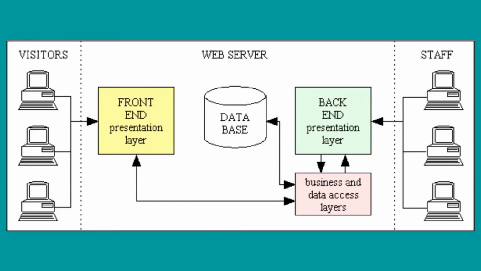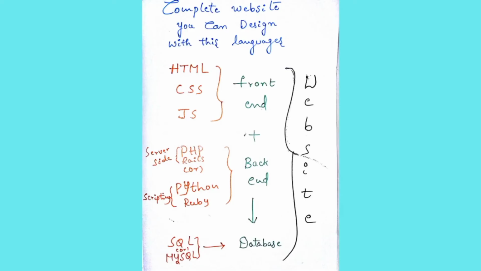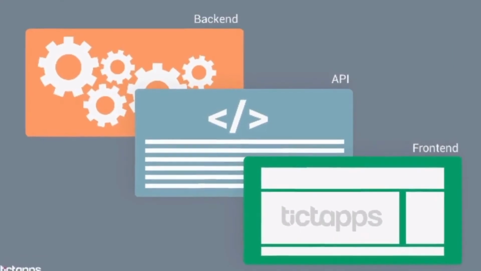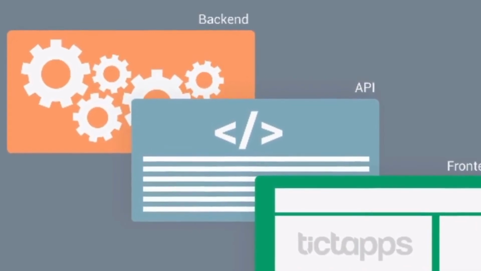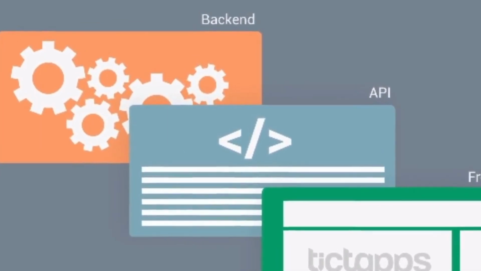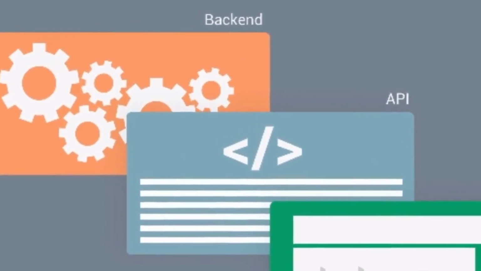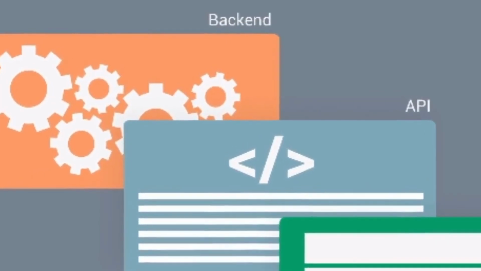Actually, both are easy, just a little bit. You can see the chart. If you learn those languages, definitely you will be designing a complete website within minutes. Just go through those languages and learn them. How will the backend and frontend be connected? To connect the backend and frontend, in the middle there is an API, application programming interface.